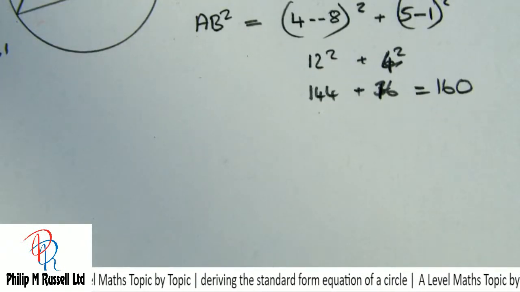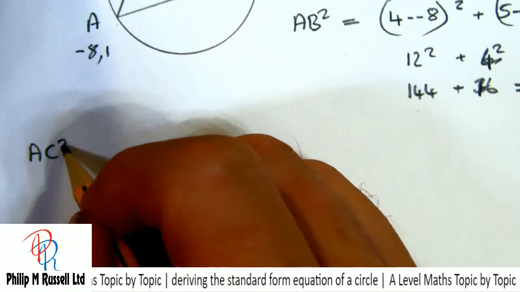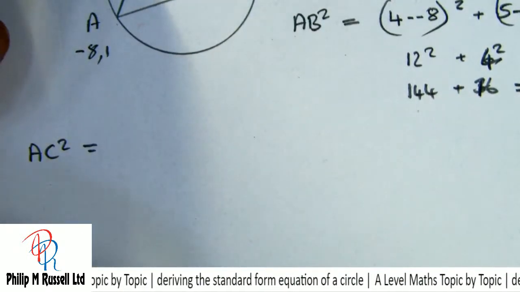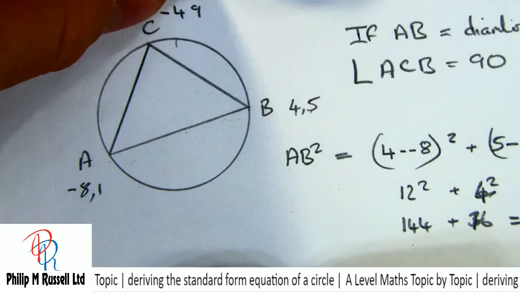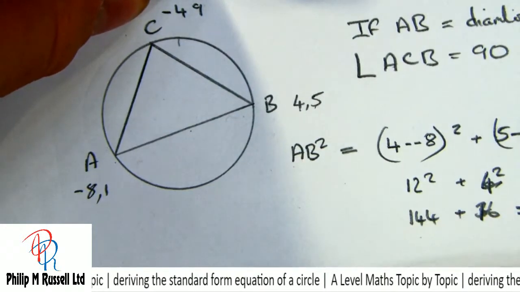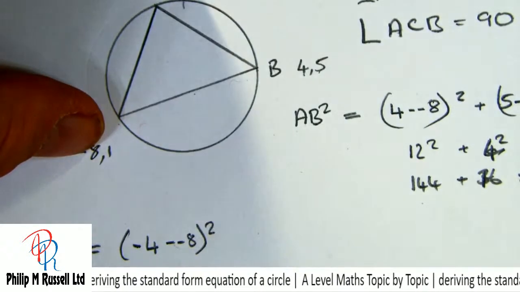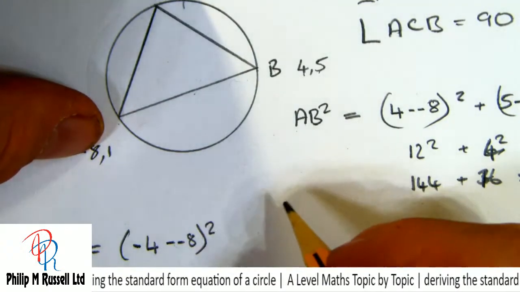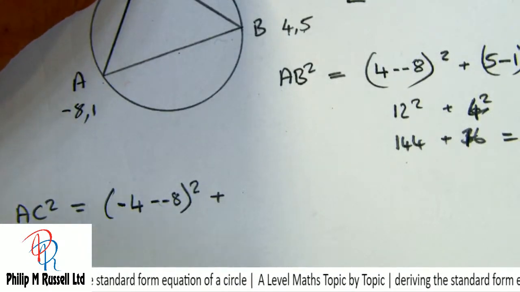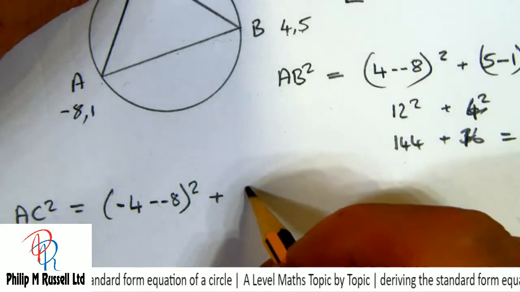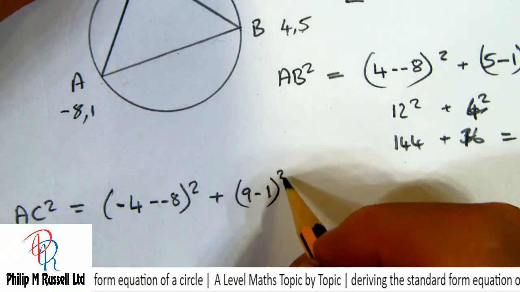Right, let's look at AC squared. AC squared is going to be minus 4 up there, minus 4, and that's going to be minus 8 all squared, plus I've got 9 and 1, so that's going to be 9 minus 1 all squared.